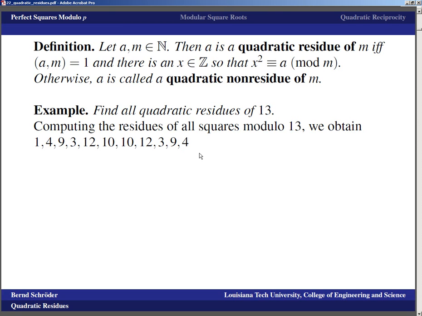And 12 squared is 144, which is 130 plus 13 plus 1, so that should be 1.